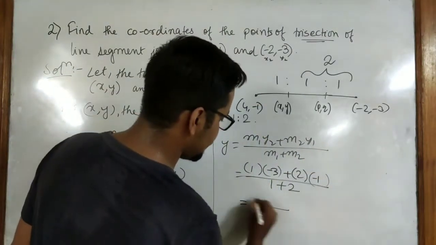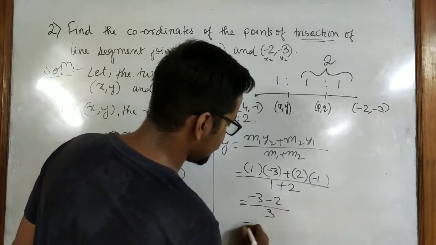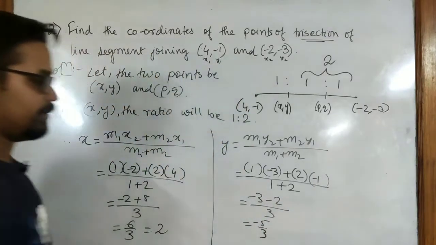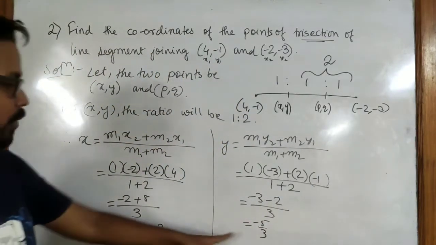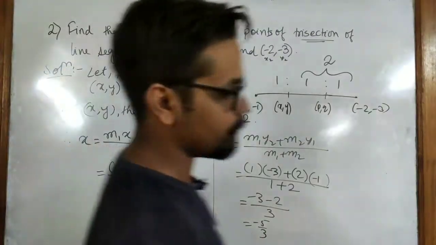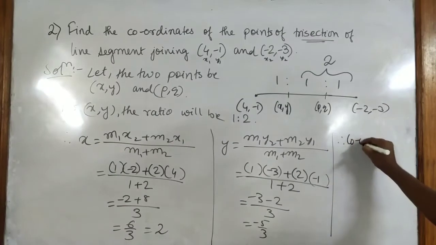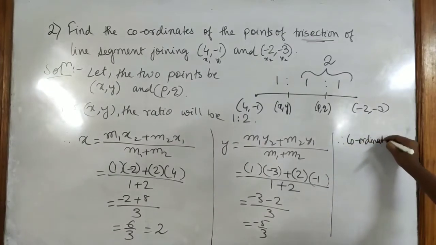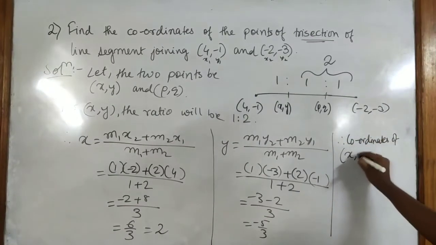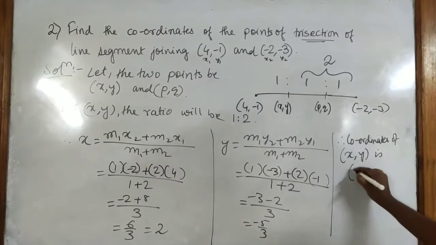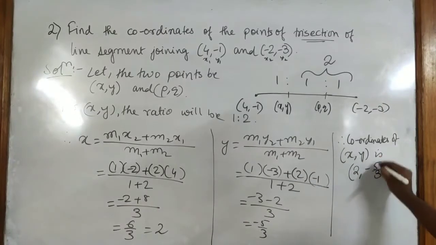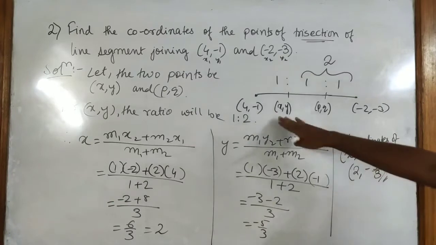So it is minus 3 minus 2 by 3, that is minus 5 by 3. So the coordinate of the point x comma y is 2 comma minus 5 by 3. This is the first part. We have found x comma y.